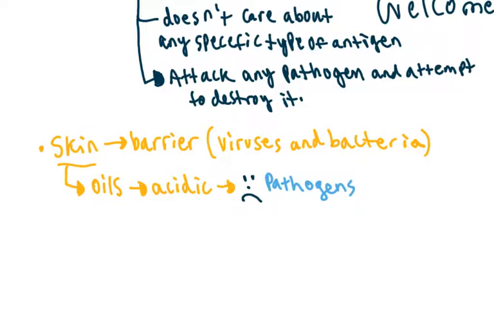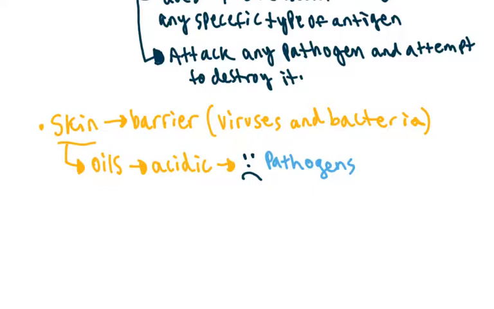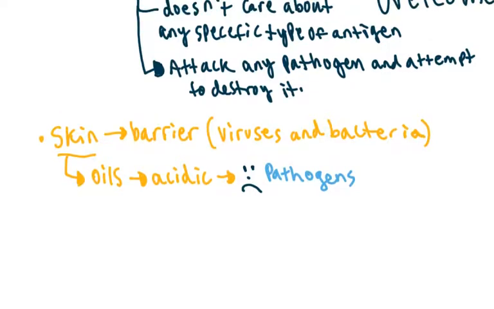Another part of your innate slash non-specific immune system is your mucous membranes. Your mucous membranes are responsible for trapping some of the bacteria and other pathogens before they get into the inner part of our tissue cells and blood.